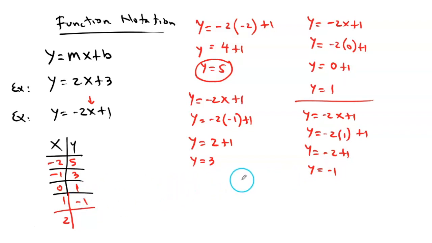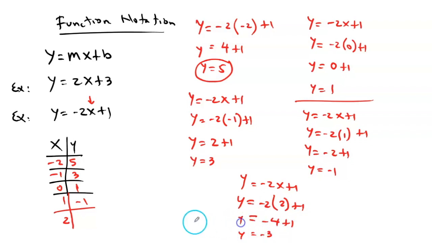Last but not least, y equals negative 2x plus 1. Replace the x by the value of 2. Negative 2 times 2 gives me negative 4. Negative 4 plus 1 gives me negative 3. And that's my output. That's how I create a table of values for any type of function.